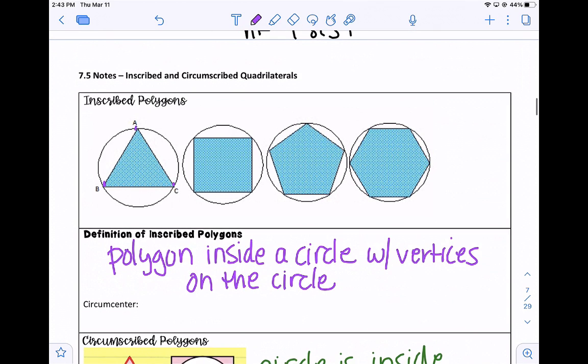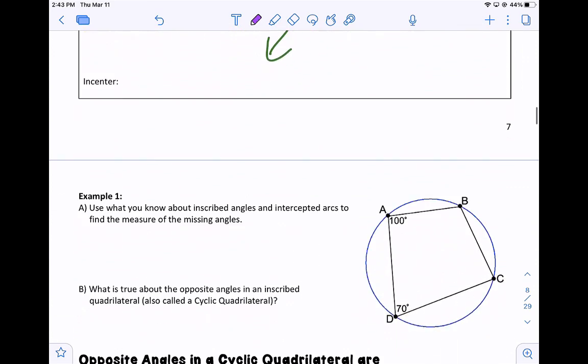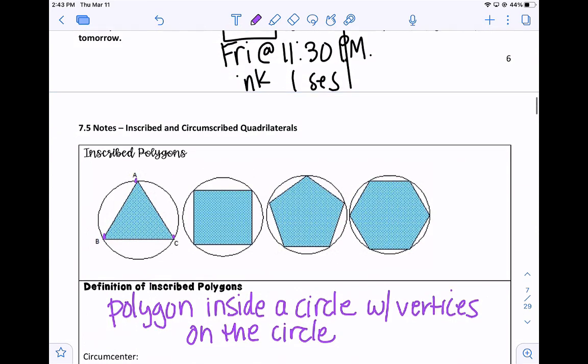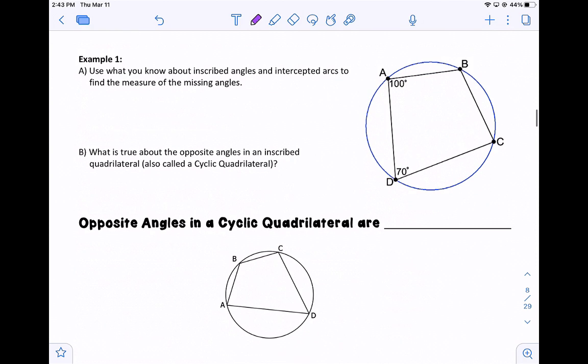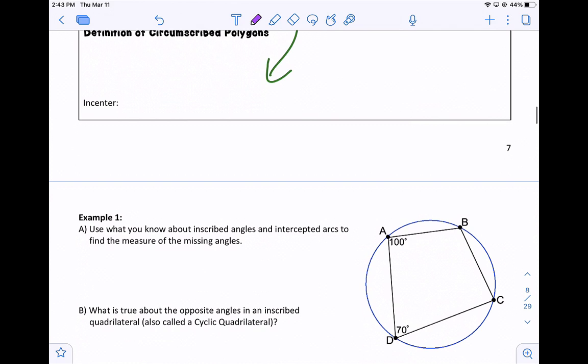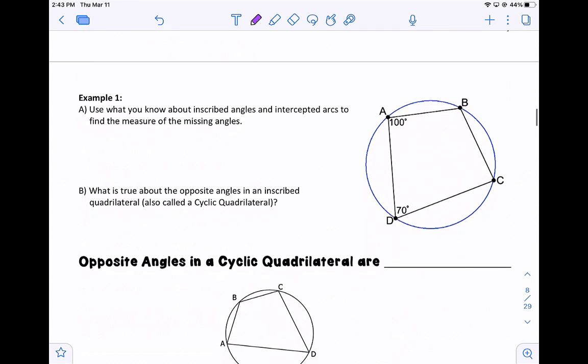So we're going to focus today on quadrilaterals that are inside the circle. Again, we have already taken a look at the circumscribed with the ice cream cones, but if it is inscribed, it's inside the circle, and we're going to look at quadrilaterals.